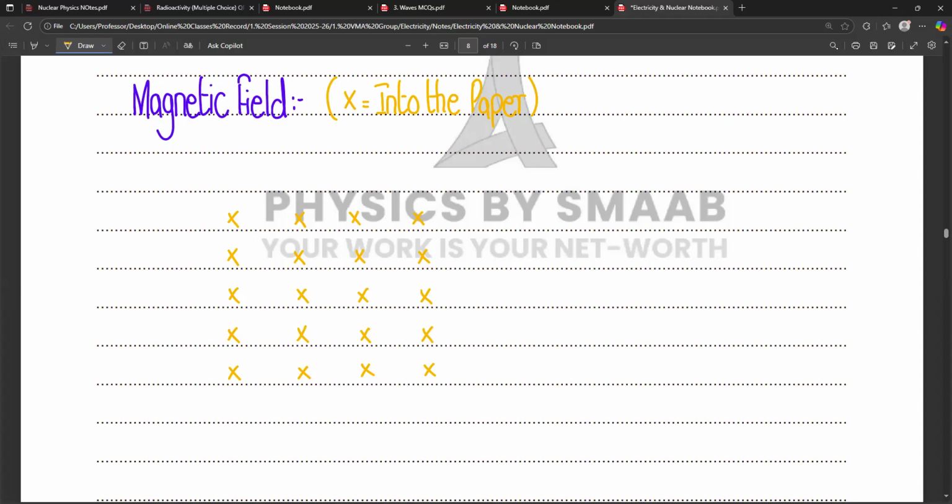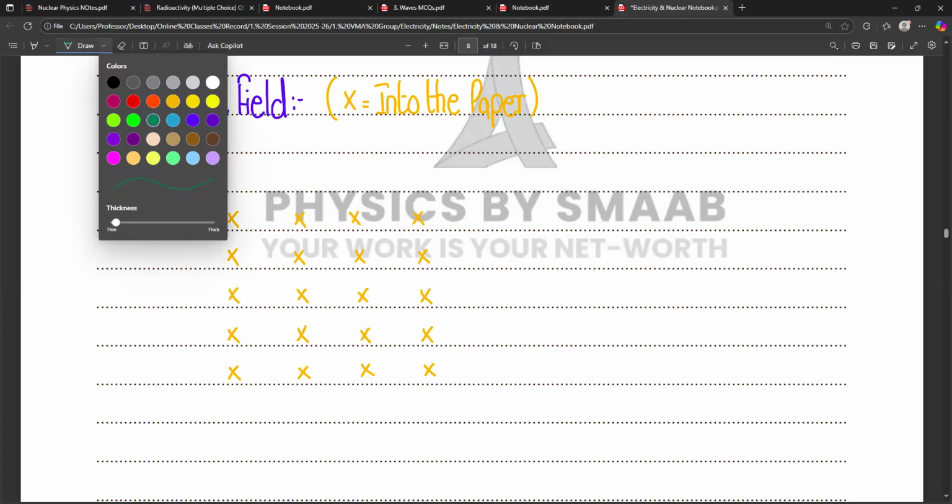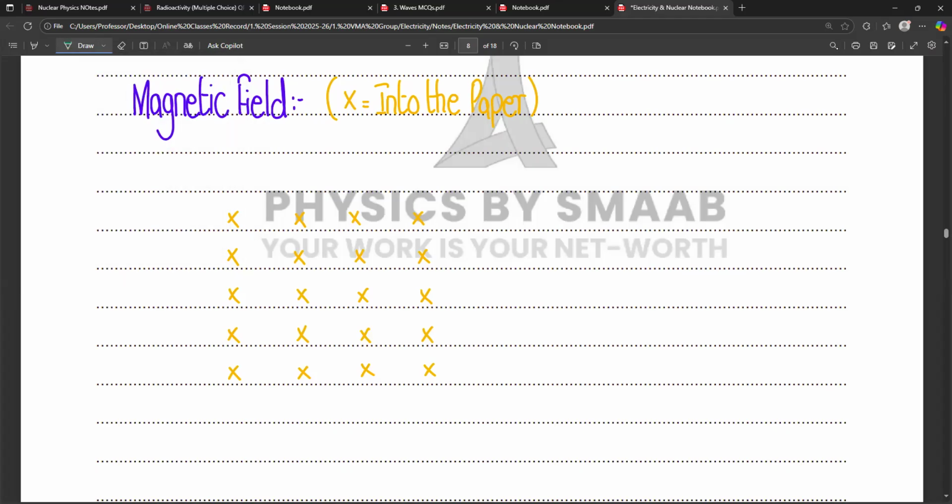Okay. So let's suppose we have a radioactive element, and first of all, starting from alpha. According to alpha, alpha is positive and alpha deflects in this direction, and beta in this direction.